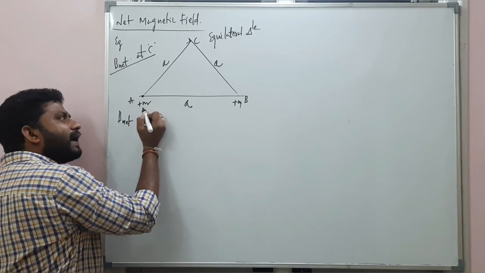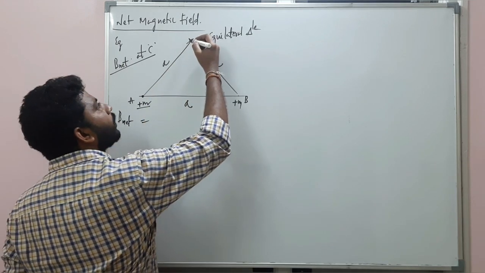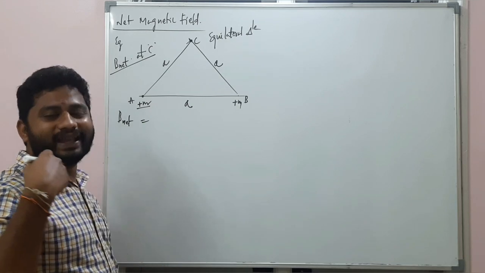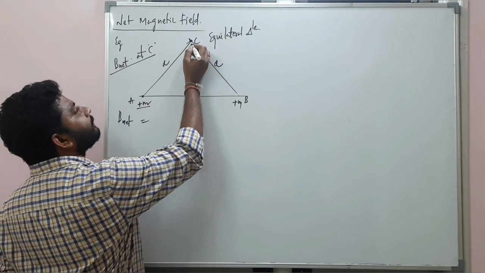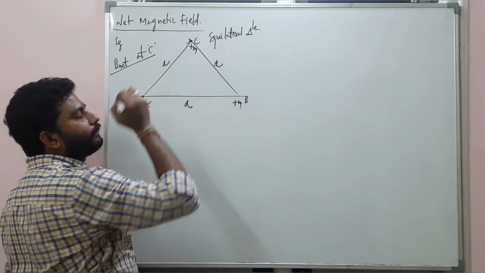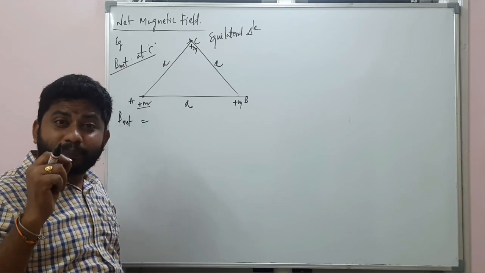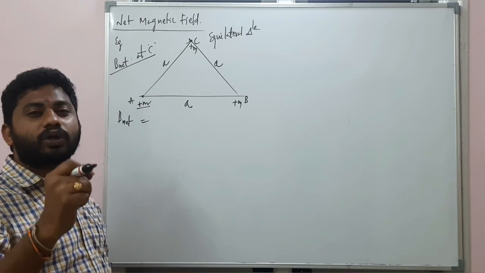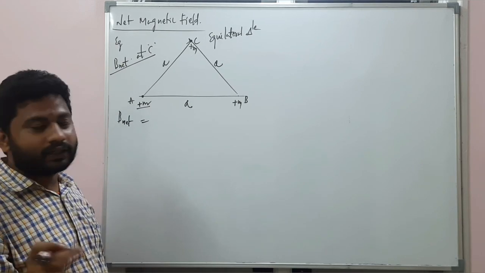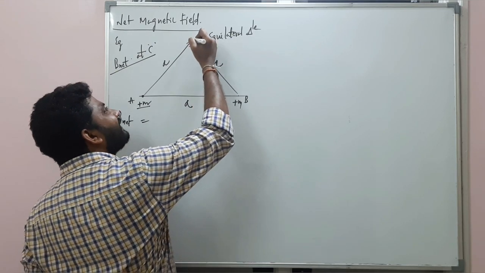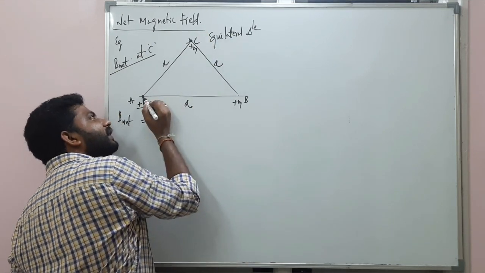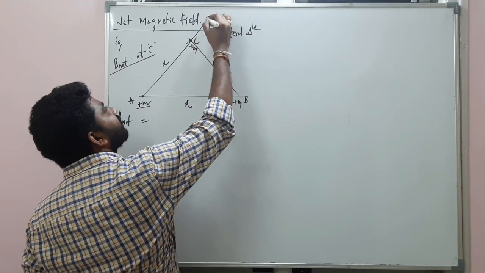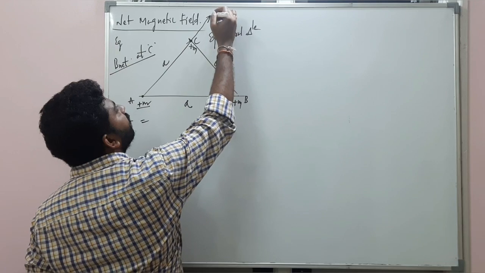At this point C, we need to imagine that there is a test pole, a unit north pole, that must be considered there. Then at this point, due to this magnetic pole, what is the magnetic field? So this is the direction of the magnetic field. Imagine it's B1 bar.